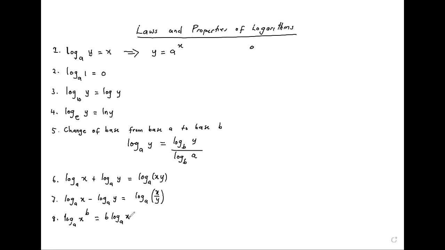Now 9, if I have log_a of negative x, this guy is defined for all x less than 0. So that the other one will be defined for all x greater than 0.